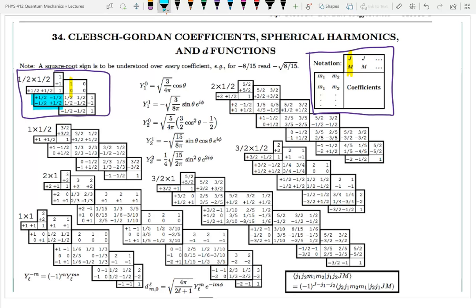Here are my options for the particle: spin 1/2 and spin minus 1/2.